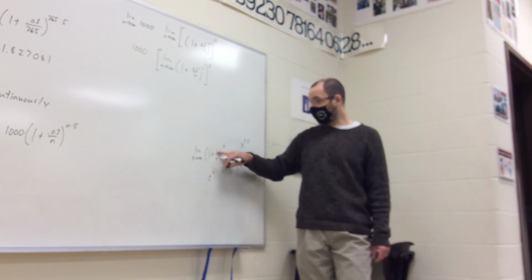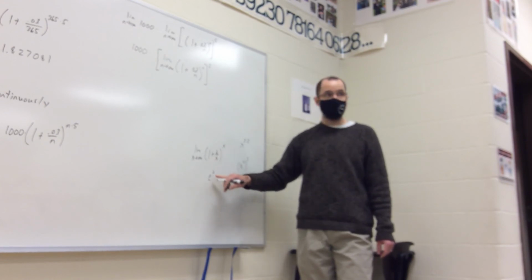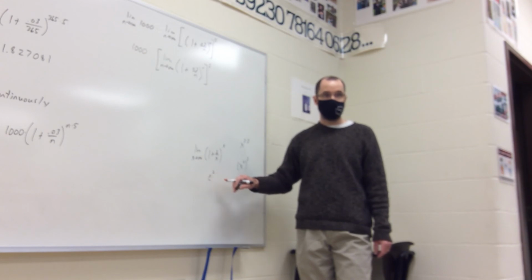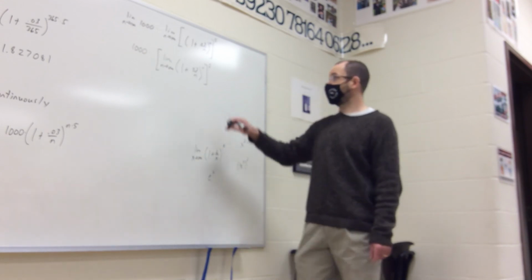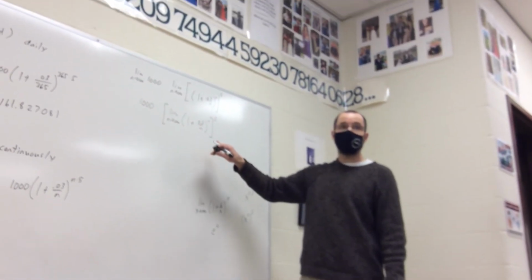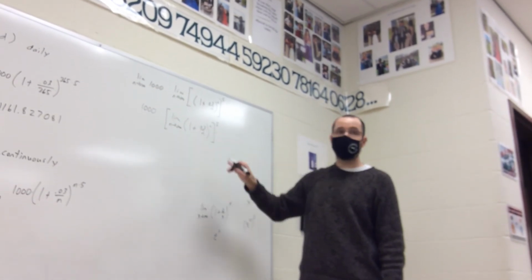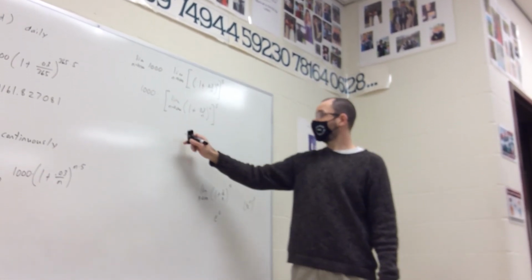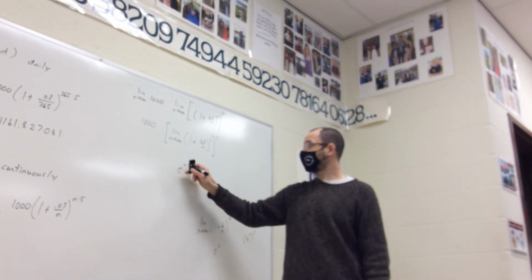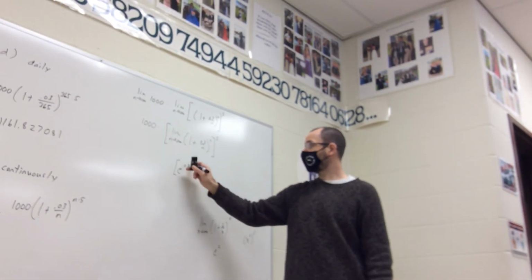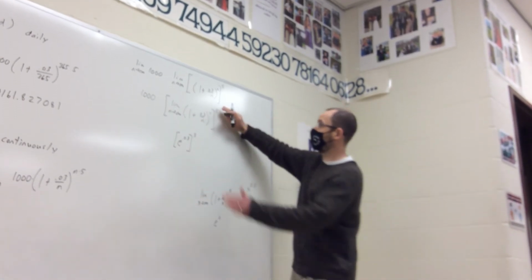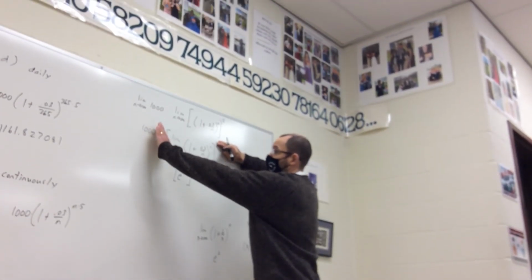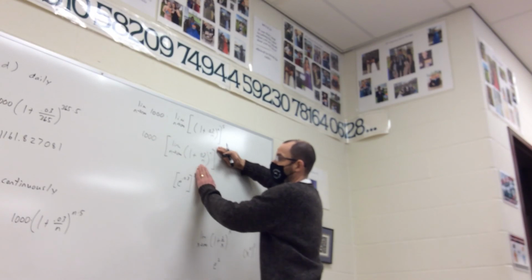And if that's a 3, then the limit is E cubed. Okay, so this limit here is E to the 0.03 power. So that limit right there is E to the 0.03.